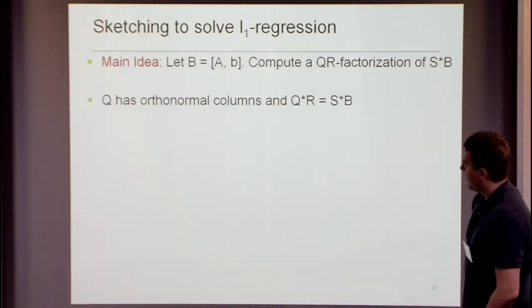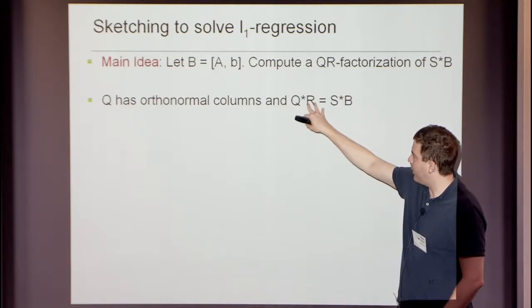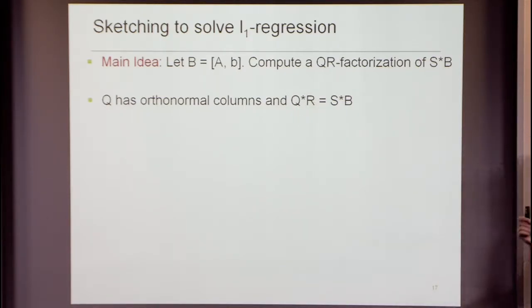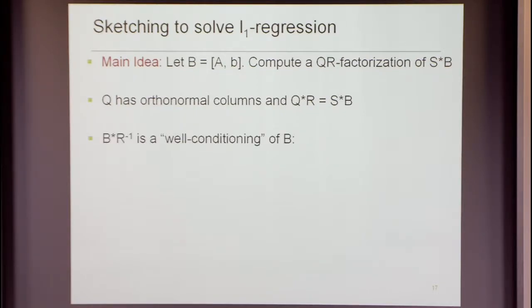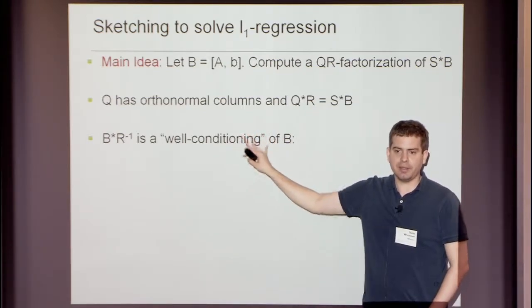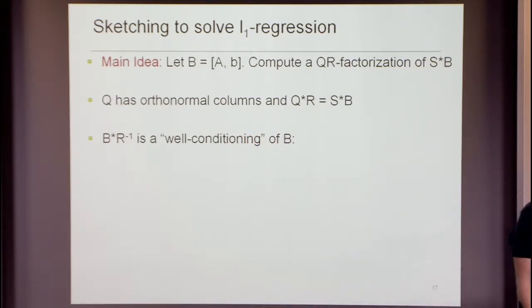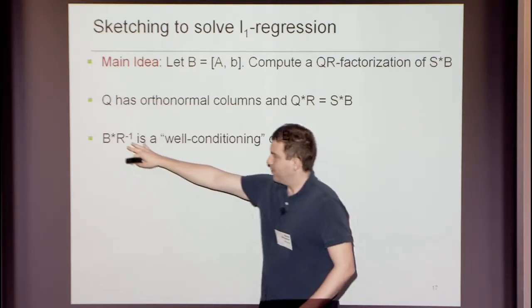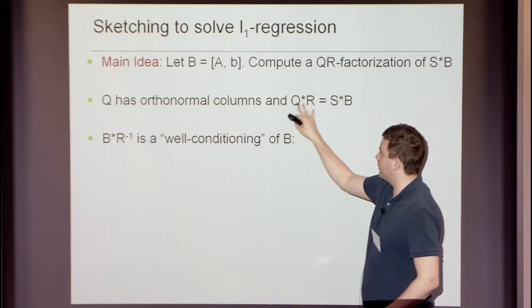So Q has orthonormal columns, R is a change of basis matrix, Q times R is S times B. And the point here is that B times R inverse is going to be a well conditioning of B in a certain sense. Note that S times B times R inverse has orthonormal columns. It's just equal to Q.